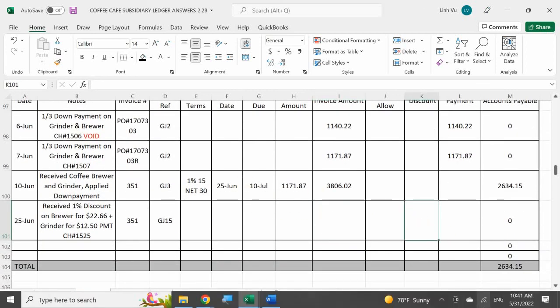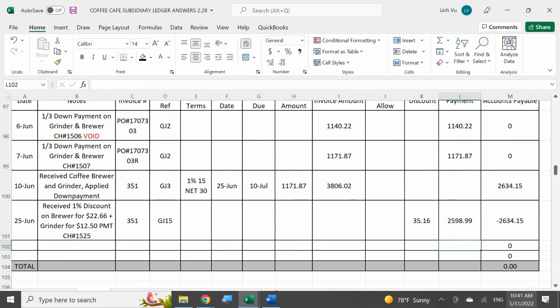The discount was the $22.66 plus the $12.50, which we already acknowledged to be $35.16. And we just wrote a check for $2,598.99, which gives me a negative $2,634.15, which brings my account balance with Haley Bros to be 0.